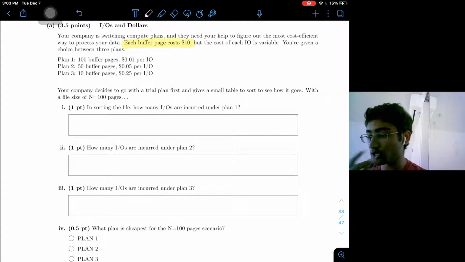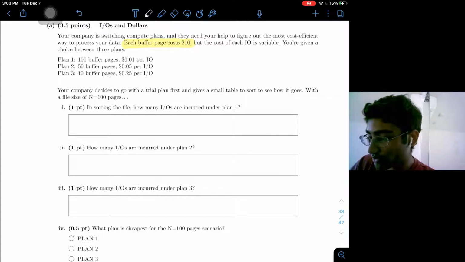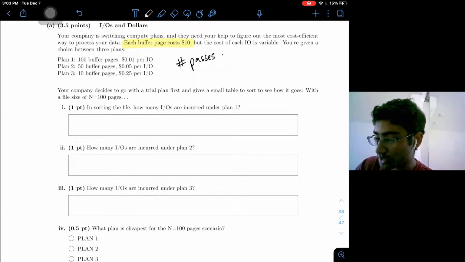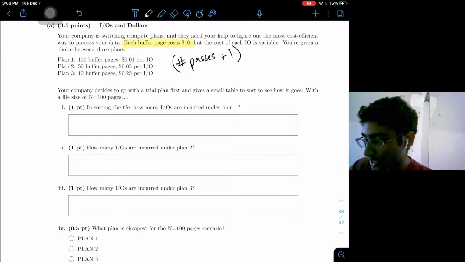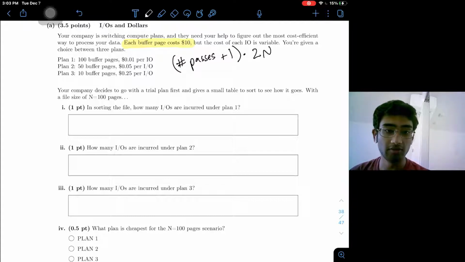So the ultimate IO cost is going to be however many passes it takes, plus 1 for the conquer phase pass, and then we'll multiply that by 2n, where n is the number of pages, in this case 100.